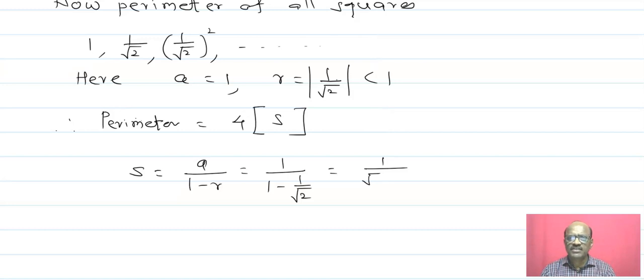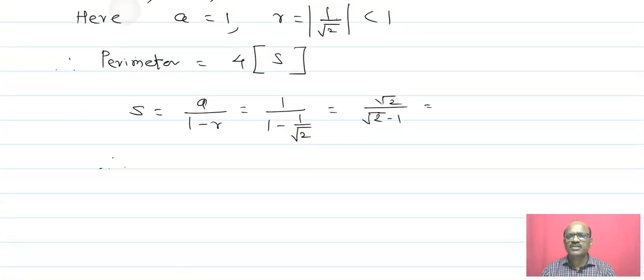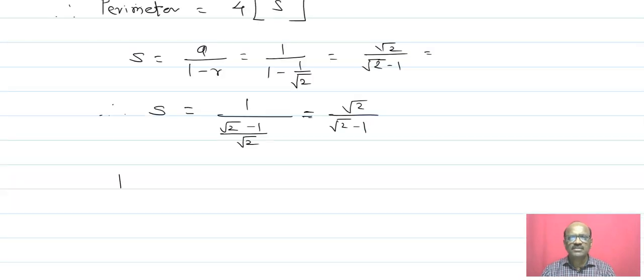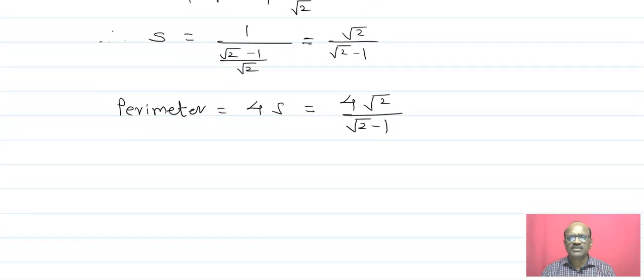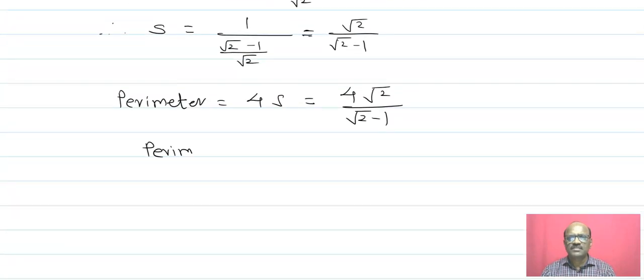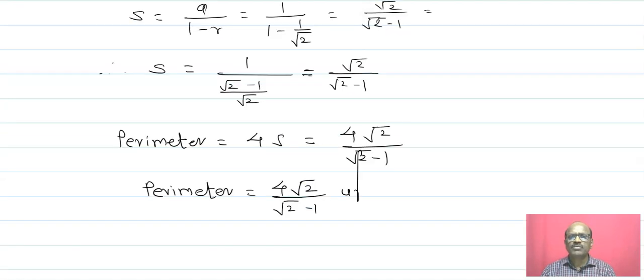Now if we simplify this, then root 2 minus 1 to the denominator and the numerator is root 2, that is root 2 upon root 2 minus 1, and that's why the perimeter is 4s, that is 4 root 2 upon root 2 minus 1 unit. This is the perimeter, 4 root 2 upon root 2 minus 1.